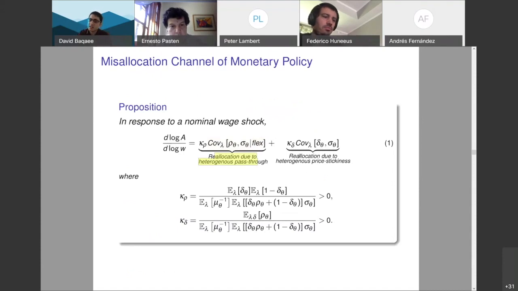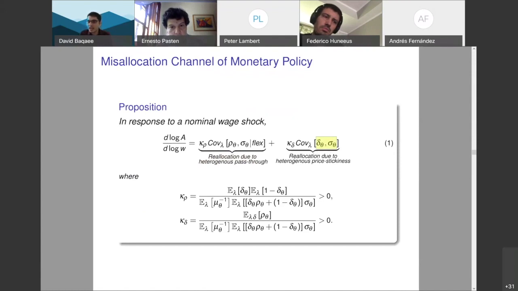There's actually a second mechanism that could deliver improvements in productivity, which is if the Calvo parameter is correlated with the price elasticity of demand. Another way to say it: if you're in a situation where the high markup firms are exogenously just stickier, like you just assume that the high markup firms have stickier prices than the low markup firms, then you get the same mechanism playing through.